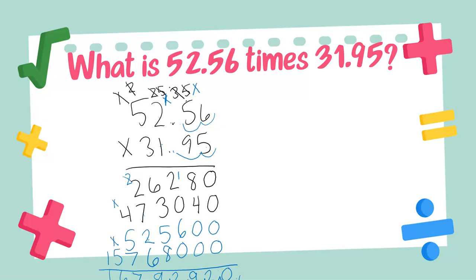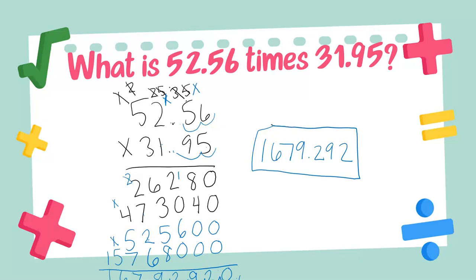So we should get 1,679.292, and you could say 0, but we don't need to put the 0 there, as our final answer. Again, do not forget to move that decimal point at the end of your multiplication. That is the only thing that makes this different from whole number multiplication.